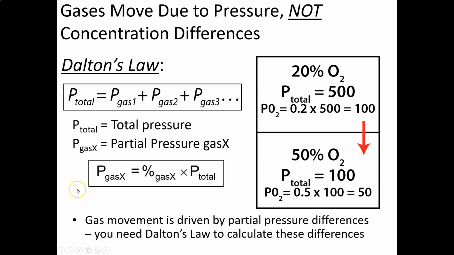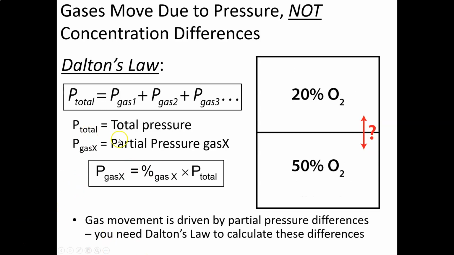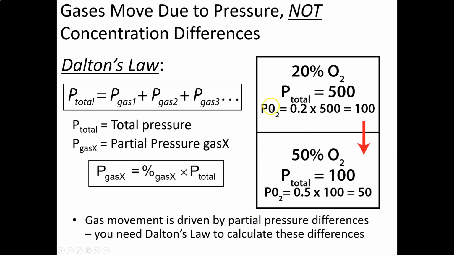So going back to our first problem, right? If I give you more information, it should become obvious which way the gas will go. So if we look at the top one, we said we had 20% oxygen, but let's say our total pressure is 500 there. So my PO2, my partial pressure of oxygen, will equal 0.2 times 500.